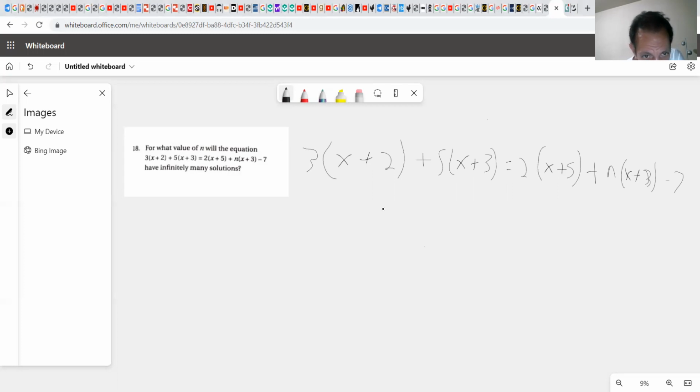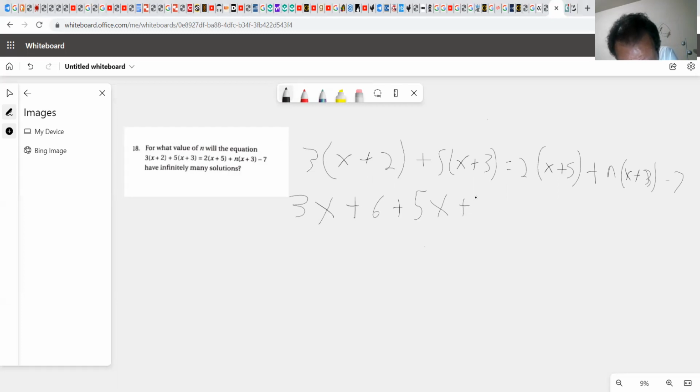You'd have to do a lot of distribution to simplify this. So let's go through all that. On the left side we have 3x, 3 times 2 is 6, so plus 6. 5 times x is 5x, so plus 5x. 5 times 3 is 15.